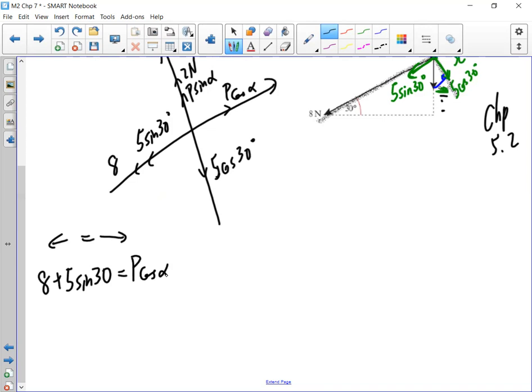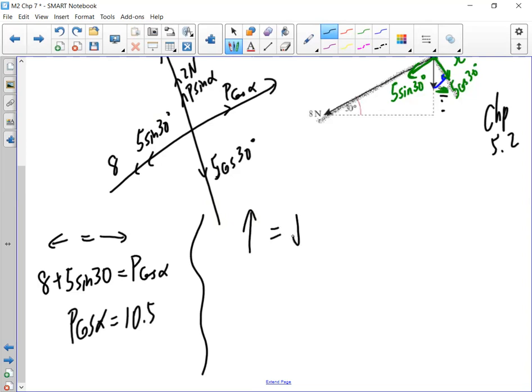I'm going to simplify the left side because 8 plus 5 sine 30 looks like something we can make a nice number. So 8 plus 5 sine 30 is 10.5, I believe. Yep. So p cos alpha equals 10.5.